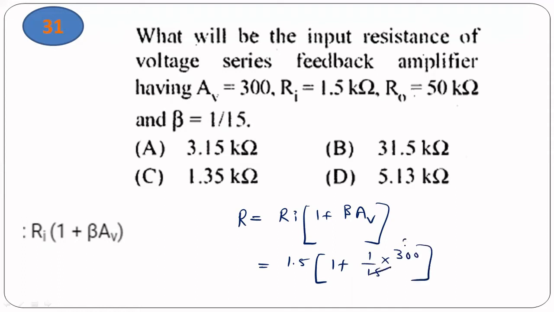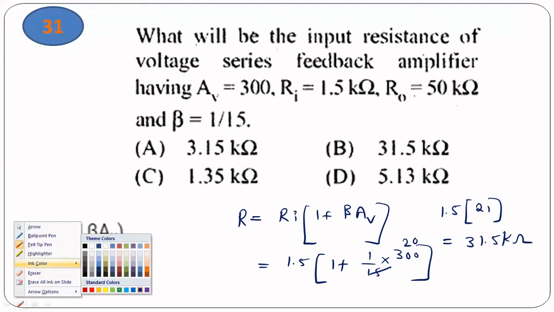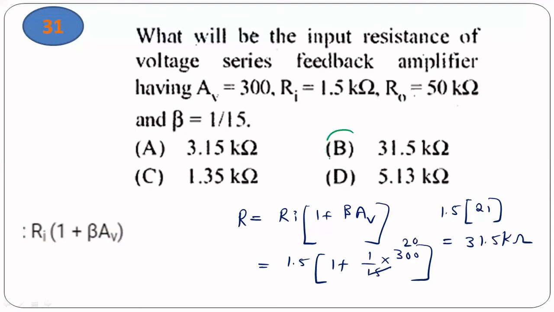So we get 1.5 into (1 plus 20), 20 plus 1, 21. So 21 into 1.5, if you multiply, then we will get the solution as 31.5 kilo ohms, right? So for this question, the answer is D.